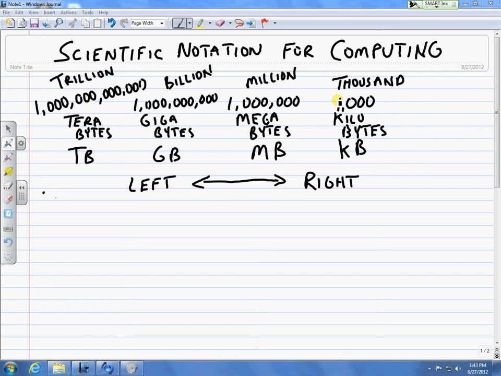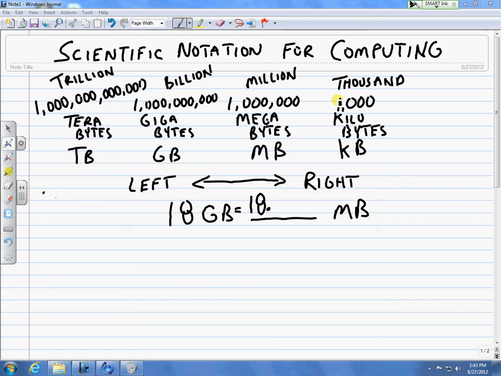First example: if I have 18 gigabytes, and I want to convert that to megabytes, you move the decimal point 3 positions. So I've got 18. I put a decimal point in here.